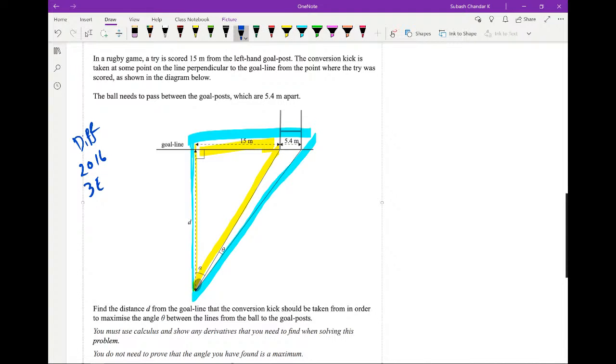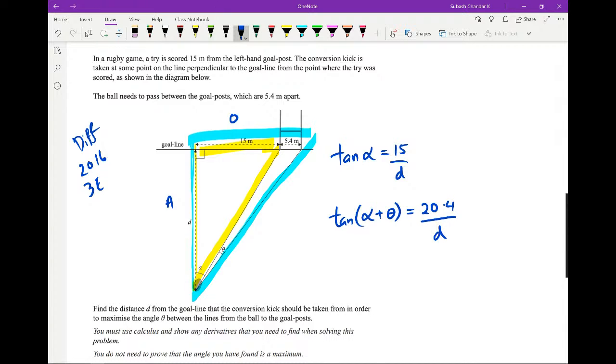So with the yellow one, what I've got is I can write this tan of alpha, so that's opposite over adjacent, which is going to be 15 over d. Then I can also see tan of alpha plus theta equals 20.4 over d.